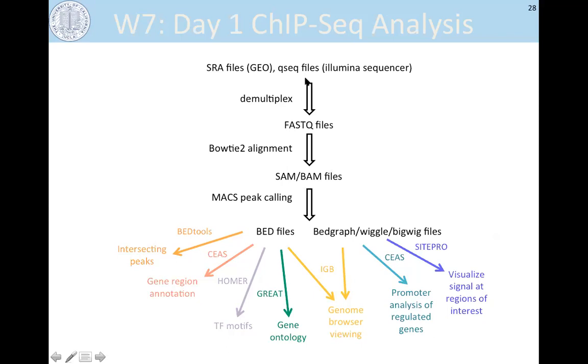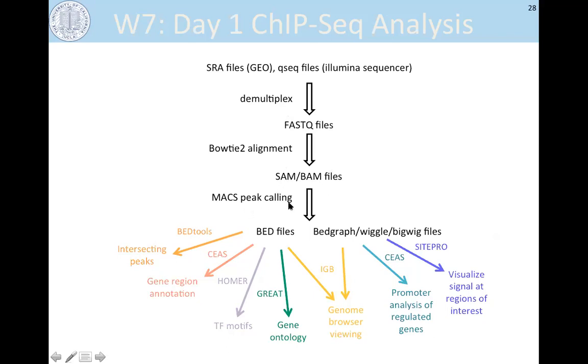So we are going to download files and convert them to FASTQ files, which contain raw sequencing reads. We are going to use the FASTQ files to do alignment to a reference genome and generate SAM and BAM files.